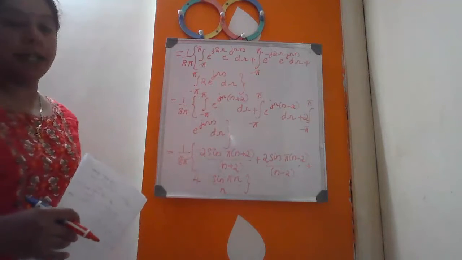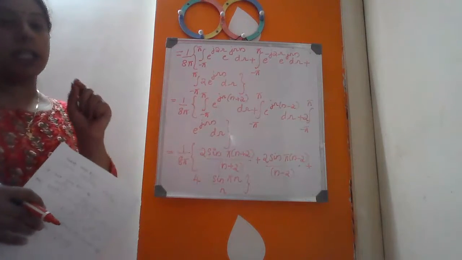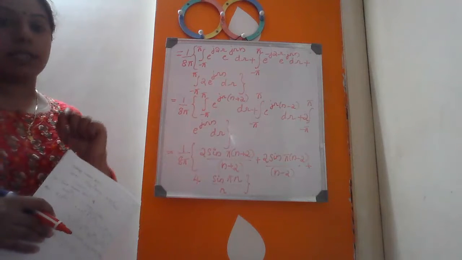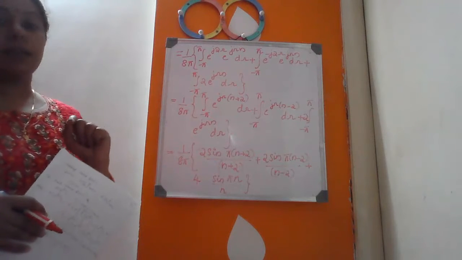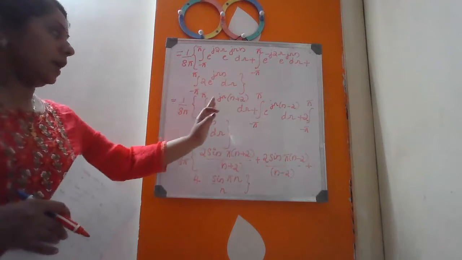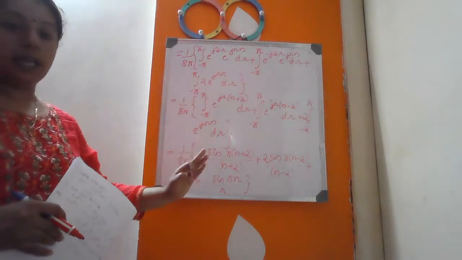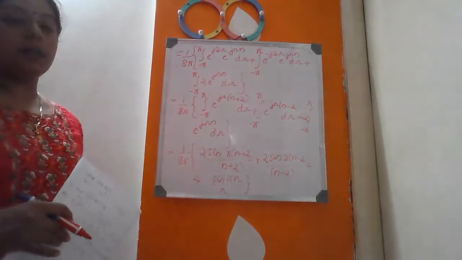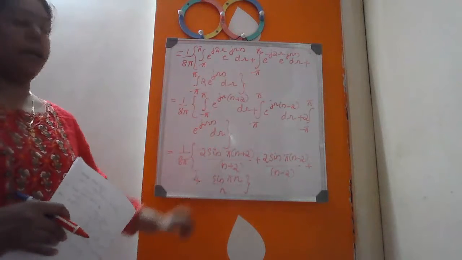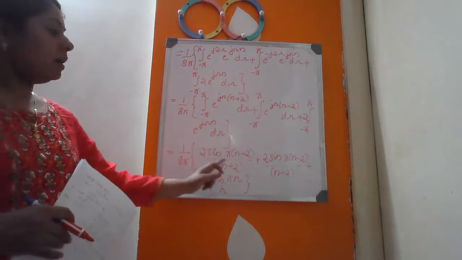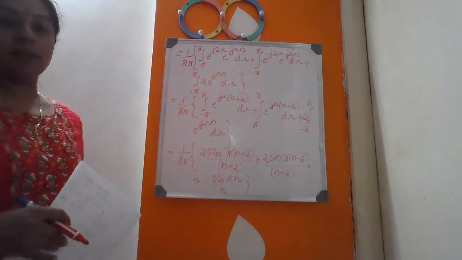That is e power j theta minus e power minus j theta, which I can write in terms of sine. That is why after integration and after substituting the limits I am getting all three terms in terms of sine.